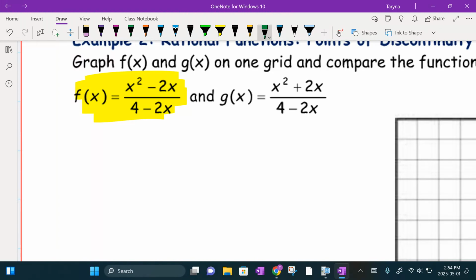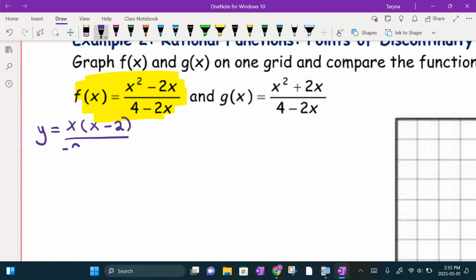Okay? To decide if there's a vertical asymptote, I do have to factor it to see if my restriction cancels out. So watch what I mean by that. So y equals, on top, the only thing I can do is take out a GCF, since there's no constant. So I'm going to take out an x, and I'm left with an x minus 2. On the bottom, what can I take out? Negative 2.